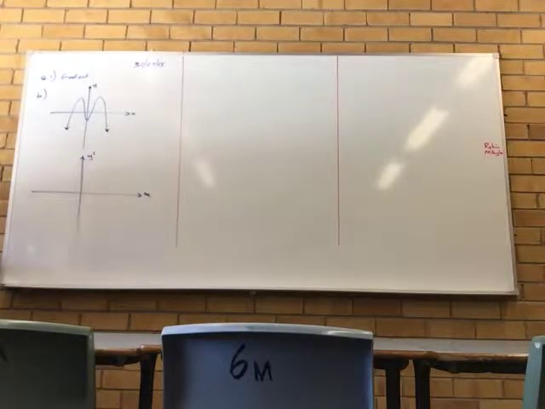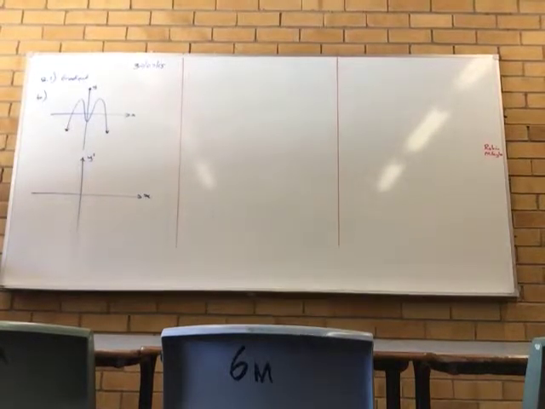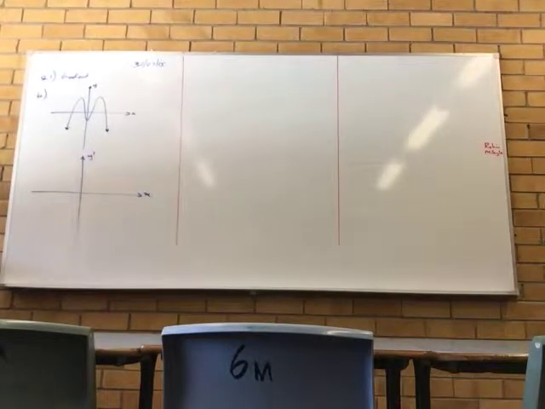Alright, so let's sketch the gradient function, everybody. So we start with where the gradient of the tangents is equal to 0. At what points is the gradient of the tangent equal to 0?